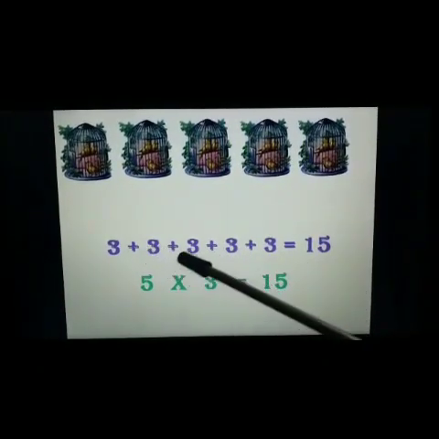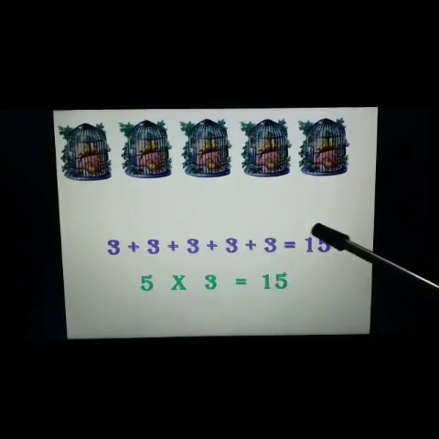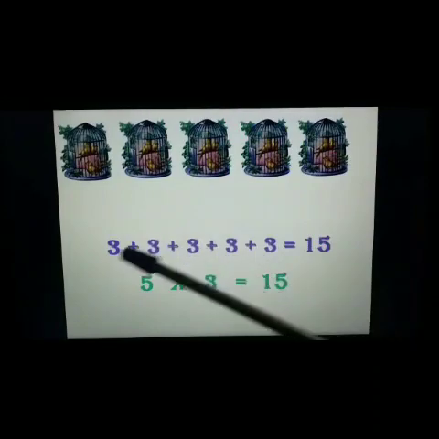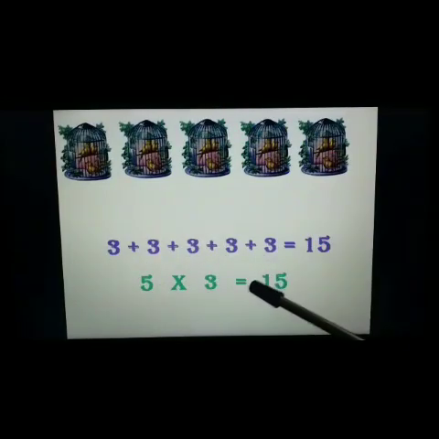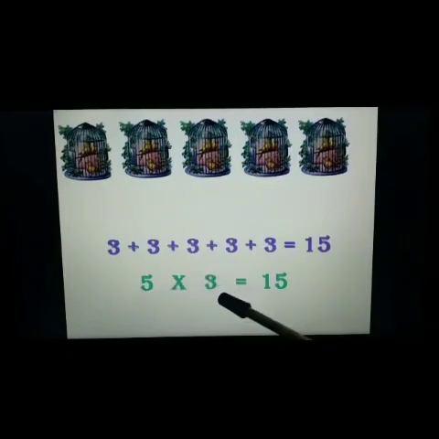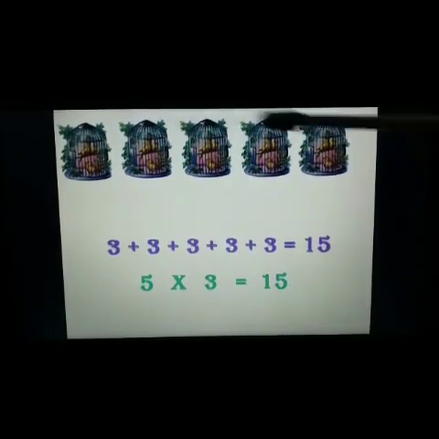That means 3 plus 3 plus 3 plus 3 plus 3 is equal to 15. Using the multiplication sign, we write it 5 times 3. We can say this as times. 5 times 3 is equal to 15. So, there are 15 birds in all.